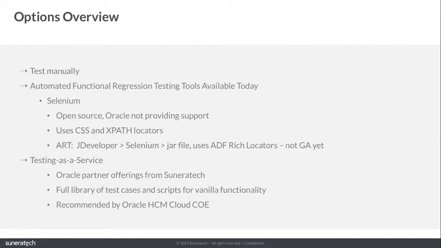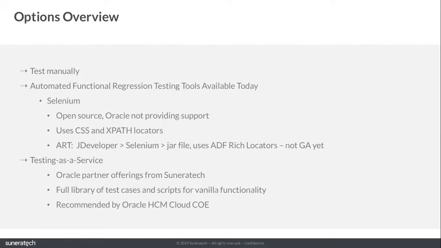And then you use JUnit to actually execute your tests and get the reports. The difference here, the big differentiator, is ART uses an ADF-rich locator. The ADF is Applications Development Framework. That's how we build our Oracle applications. And ADF-rich locators are much more persistent across updates than XPath locators are.